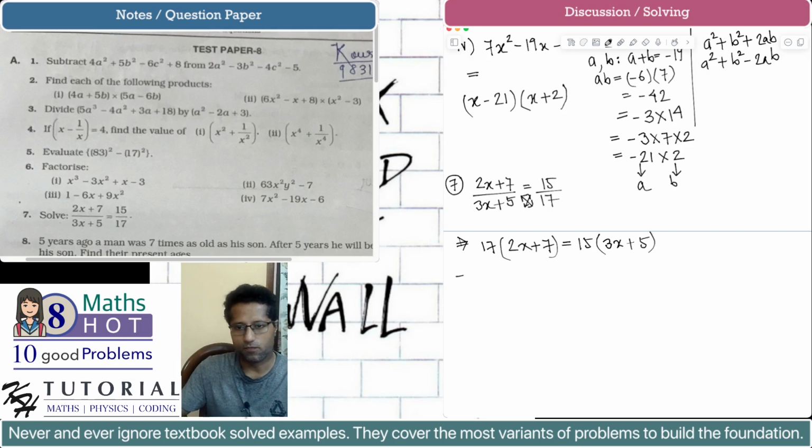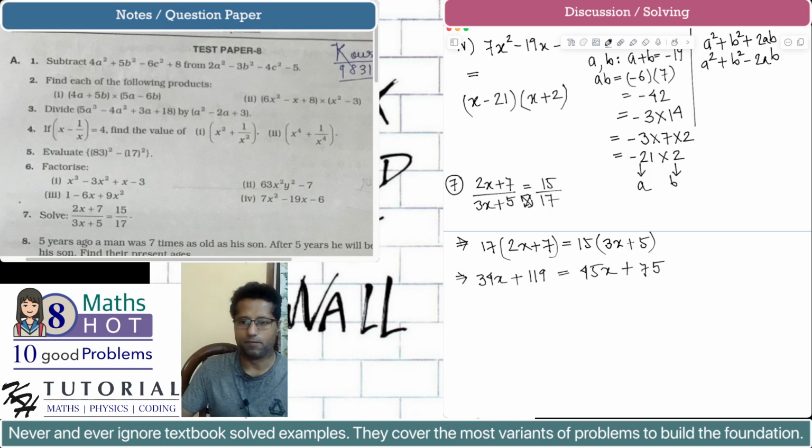Now, if you do the products on both sides and open up the brackets, we get 17 into 2x is 34x, 17 into 7 is 119, equals 15 into 3x is 45x, and 15 into 5 is 75.